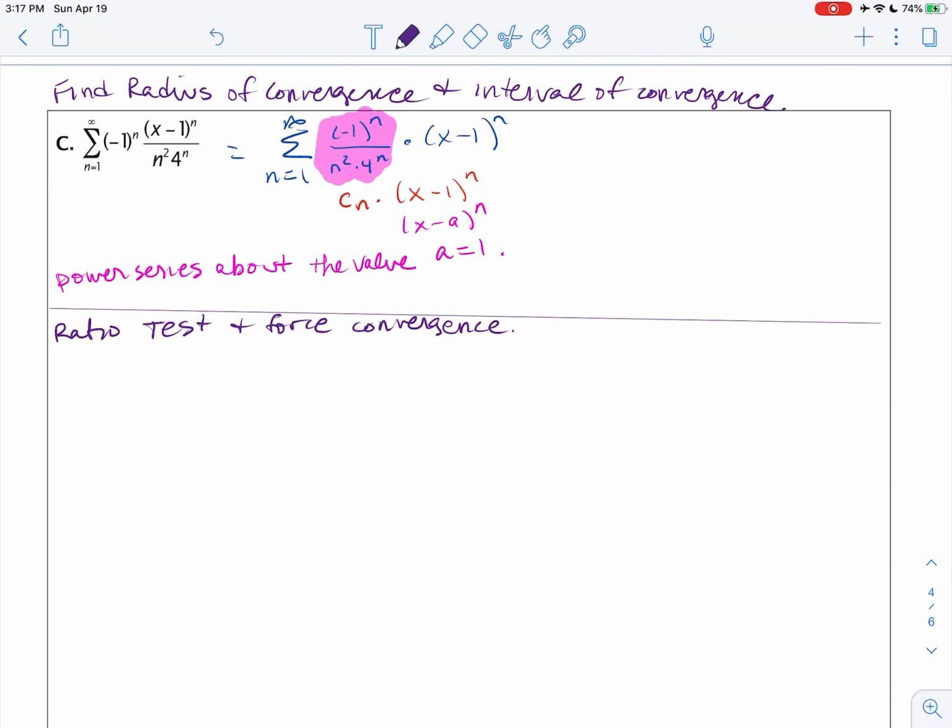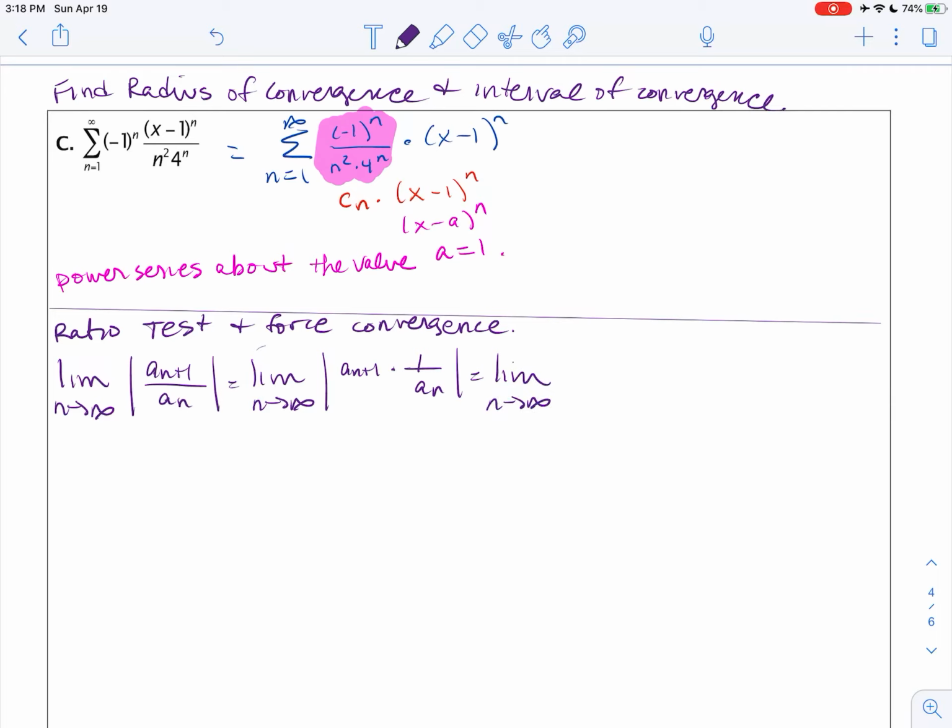Because we're trying to find the interval of convergence, we want our series to converge. So if I take the limit as n goes to infinity of a sub n plus 1 over a sub n, I'm going to get the limit as n goes to infinity of a sub n plus 1 times 1 over a sub n, which is the limit as n goes to infinity of, and what is my a sub n plus 1 expression?